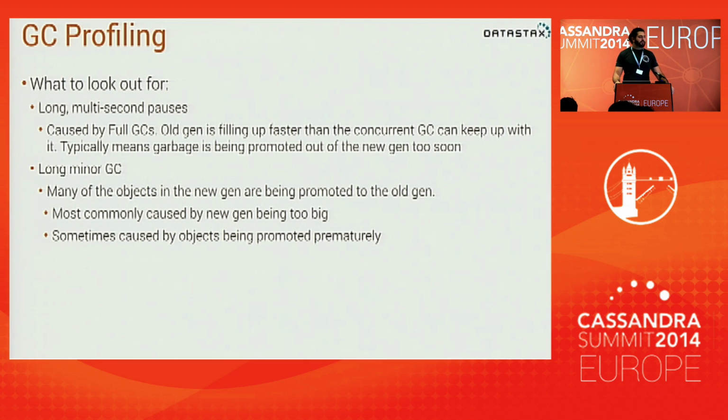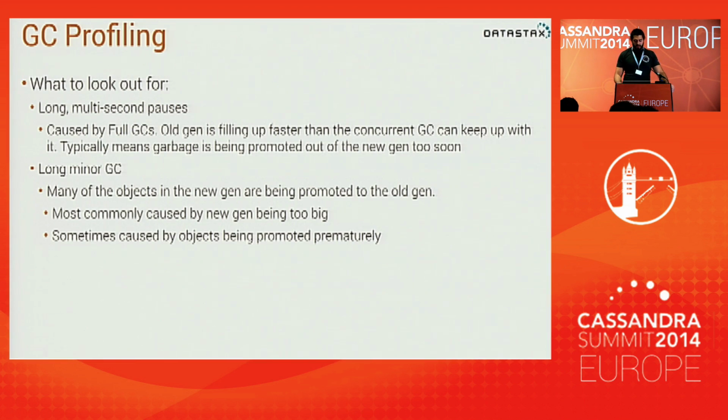So it's going to be really confusing to figure out which of your resources you're restricted on. You definitely want to check the GC side of things and see how much time you're spending in there. Like I said, if you've got long multi-second pauses, that's happening because of full GCs, or you could have long minor GCs, and that's because you're promoting too many objects.